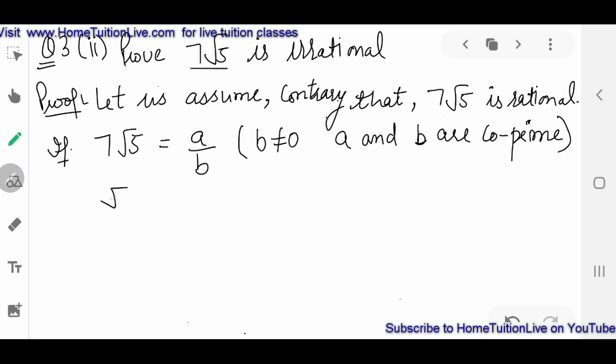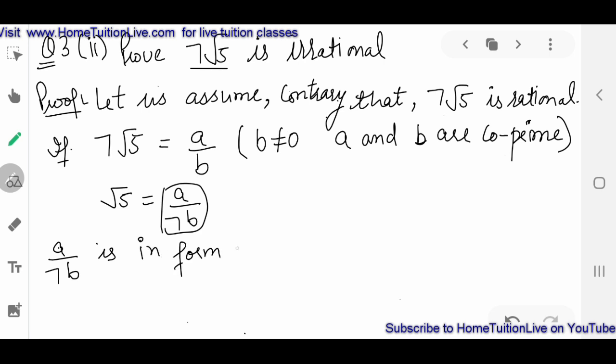Root 5 is equal to a by 7b, and this is also in the form of p by q. If a by 7b is in the form of p by q, then it is a rational number.